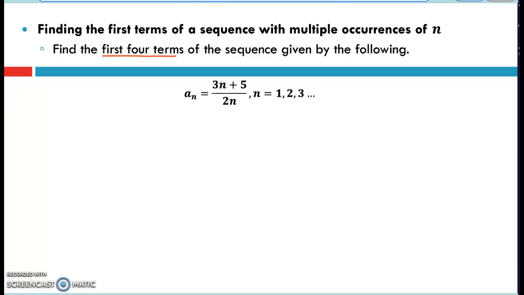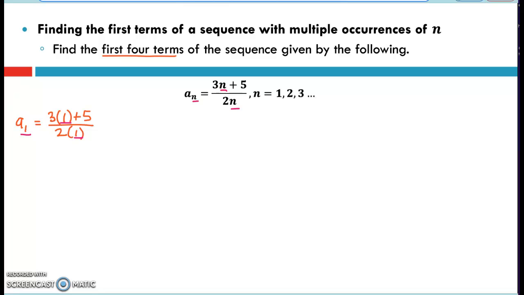Now the first n value starts at 1, so the first term, a sub 1, is going to be equal to 3 times, what is our n value now? It's 1 plus 5 over 2 times 1. Now here's my n value there because that matches up with these n's here.